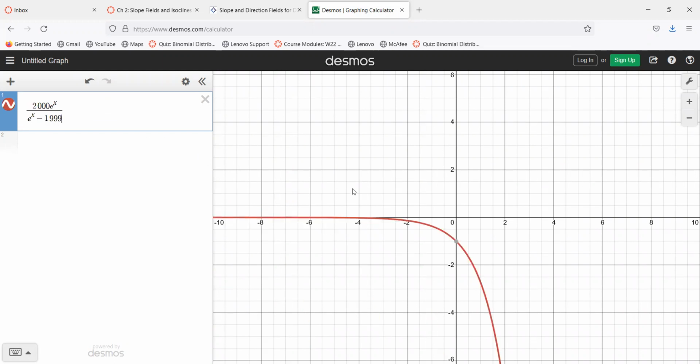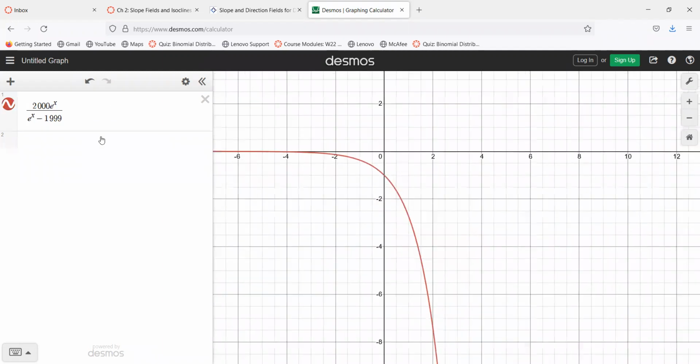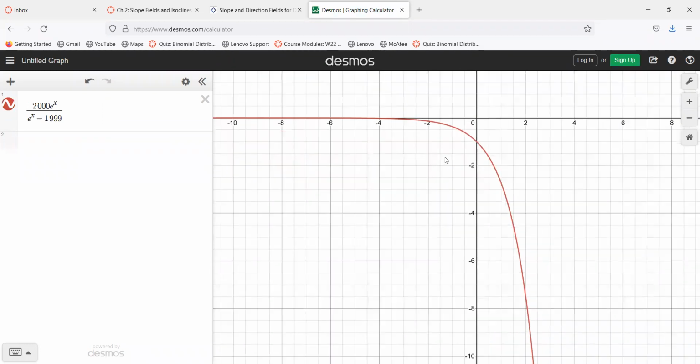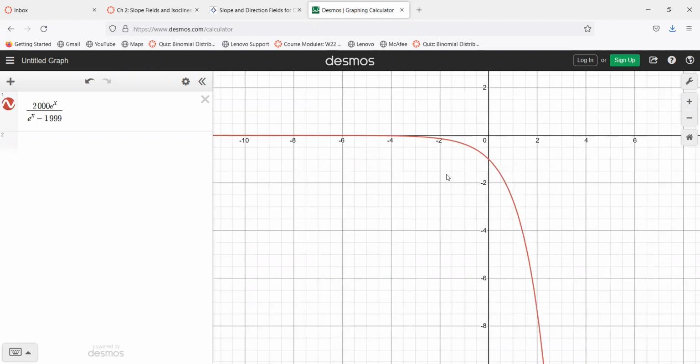So take a look at your solution. This is the solution for the differential equation that you have.